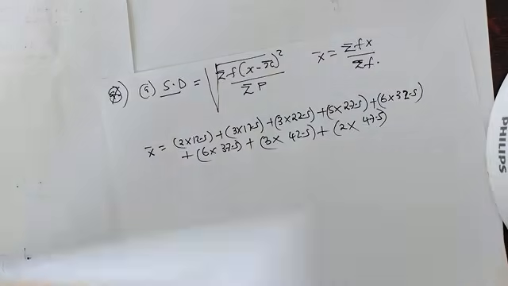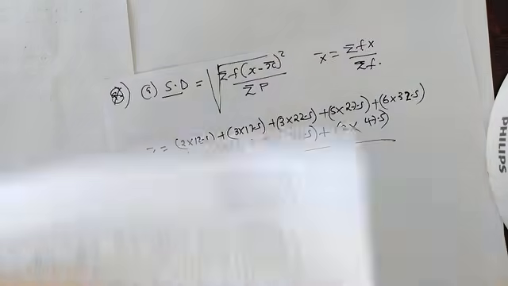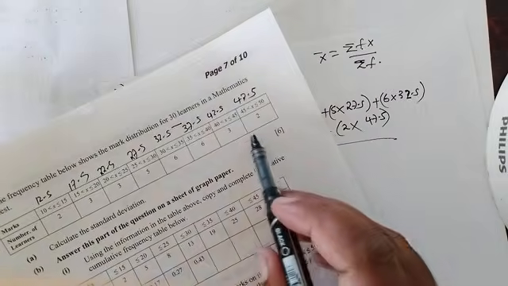Then you divide this by the total. What is the total? You add the frequencies, and you get 30.